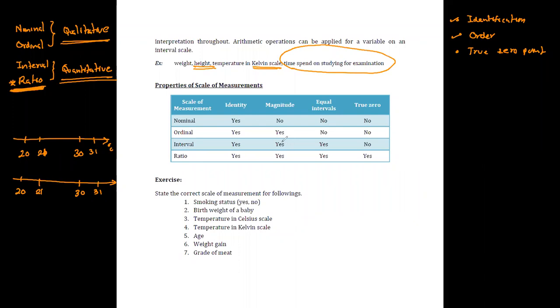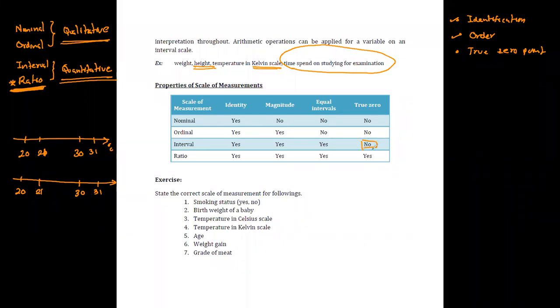Then equal intervals, which means there is the same interpretation throughout the equal intervals, and there is no true 0 point.